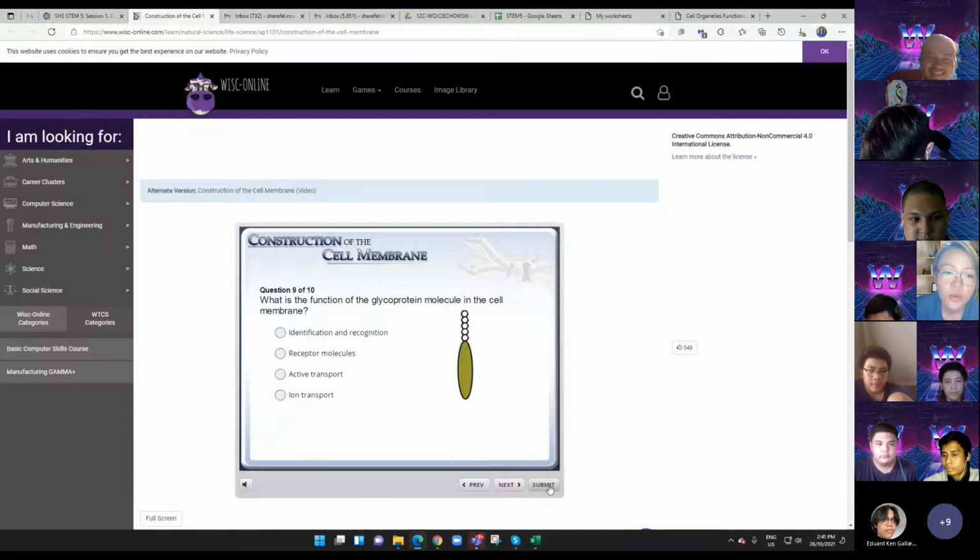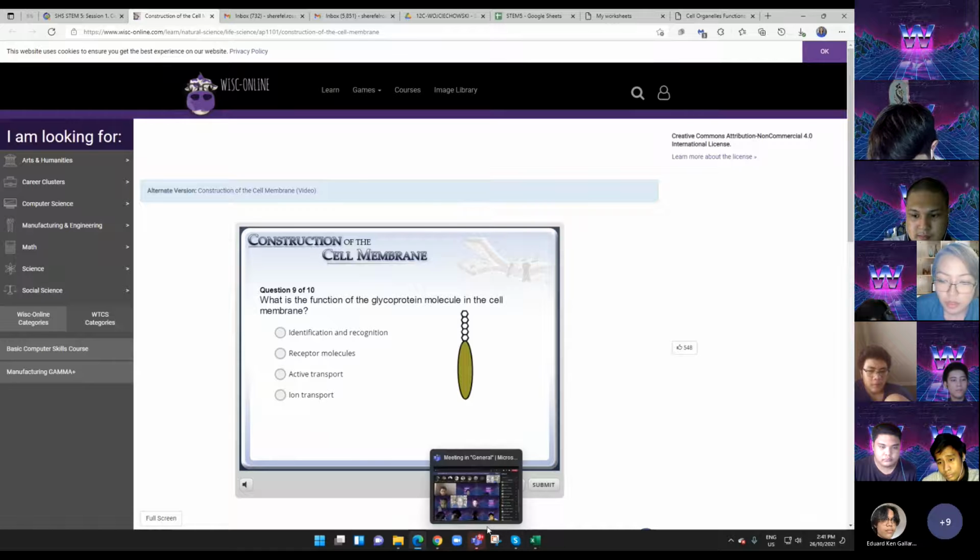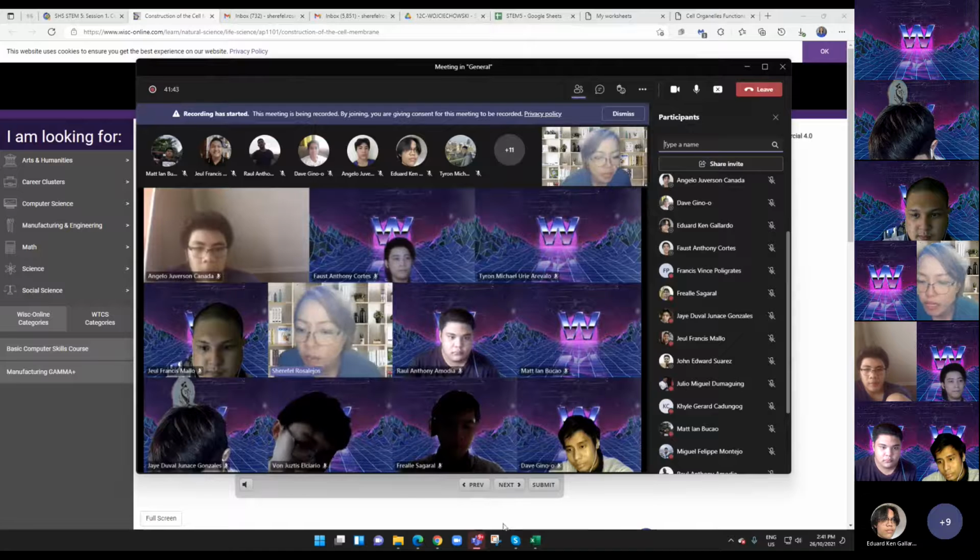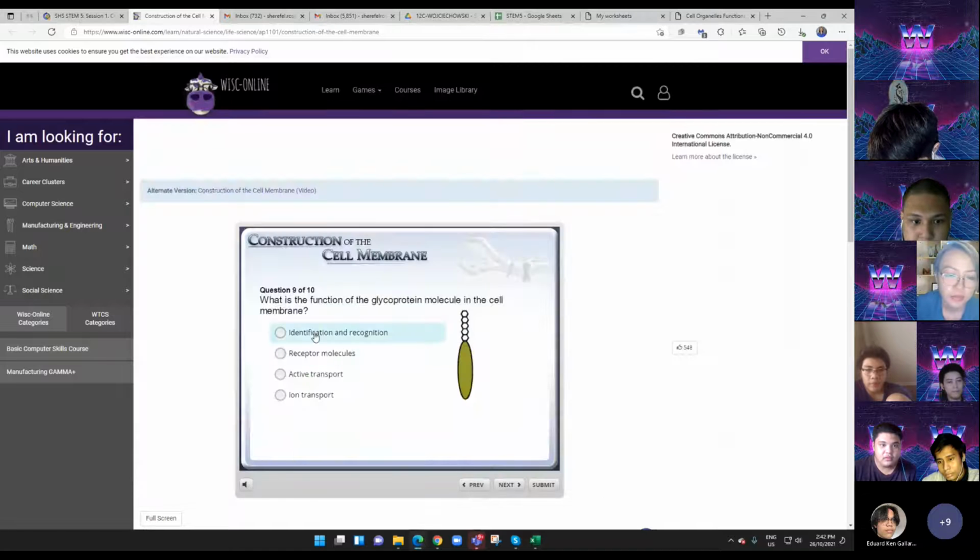Okay, so the function of glycoprotein is for what man? So ito yung function ni glycoprotein? Answer si Polygrates. First, second, third, fourth. Function ni glycoprotein.